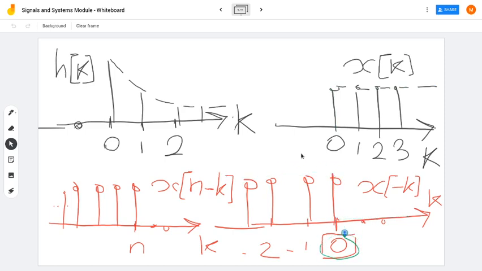And then we will do a shift, so instead of starting at 0, it will start at instant n. Now this is x of n minus k. Now we are ready to multiply h of k by x of n minus k and do the summation.